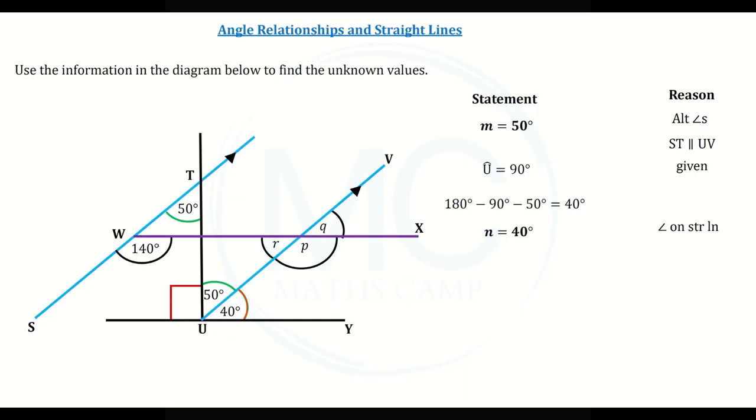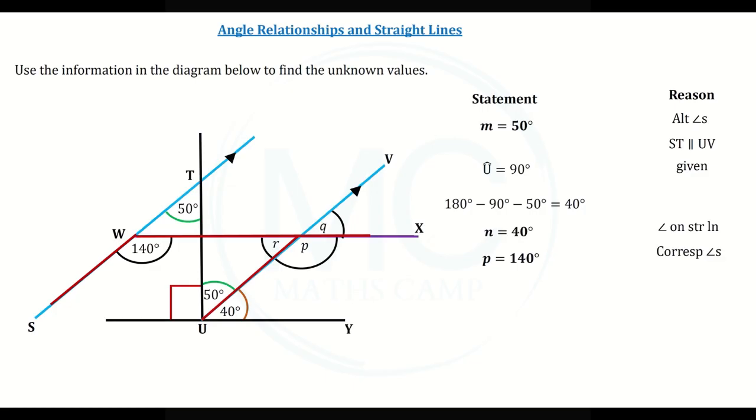So let's draw in our F shape. Now we can see that both the 140-degree angle and P sit on the left of the transversal line, but below the parallel lines. These are corresponding angles, so they're equal. This means that P is equal to 140 degrees because these are corresponding angles.